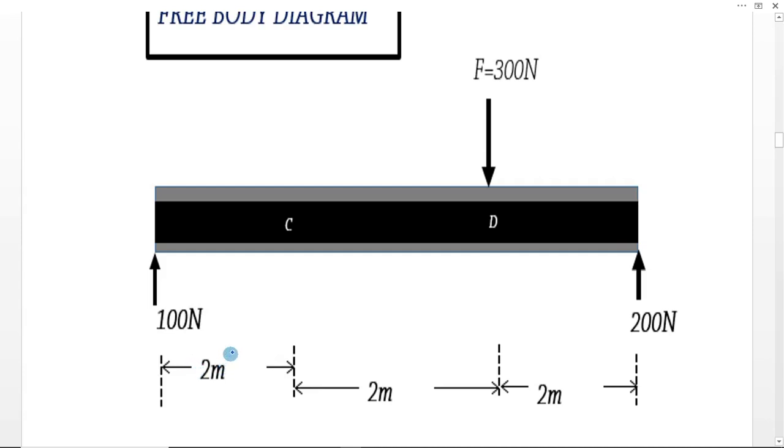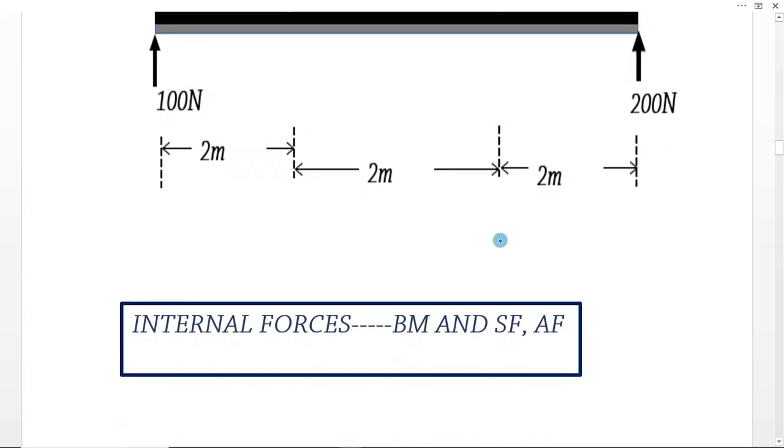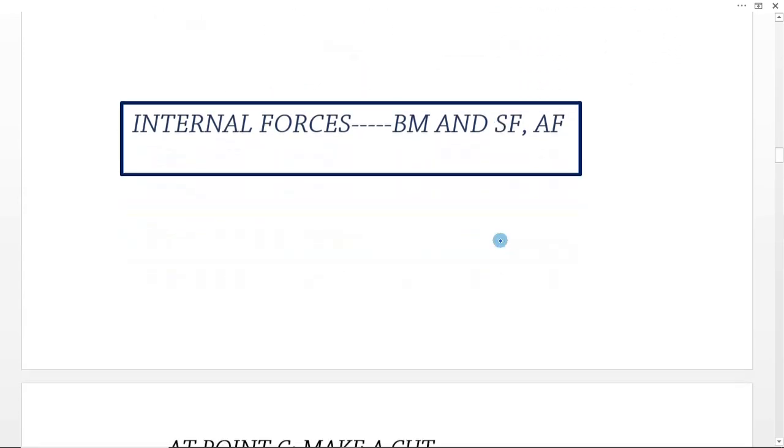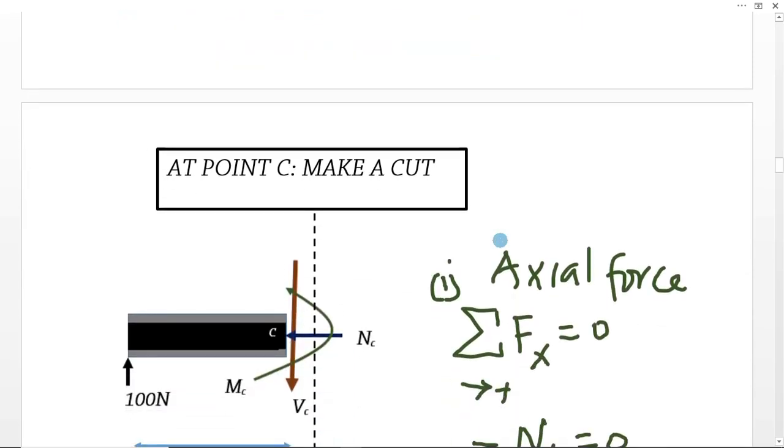Ay at 100 newtons is at 2 meters from C and at 4 meters from D. Then from this support we have a 200 newton reaction, with another vertical downward force acting at D. So we are required to calculate the internal forces, that is the bending moment, shear force, and axial force at point C and at point D.